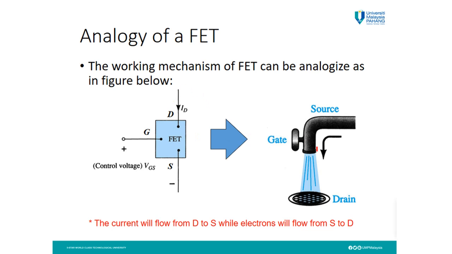This analogy is the same. However, you will see the configuration of the FET with the D terminal on top and source at the bottom. So the current actually will flow from D to S. It has the opposite direction from the electron.